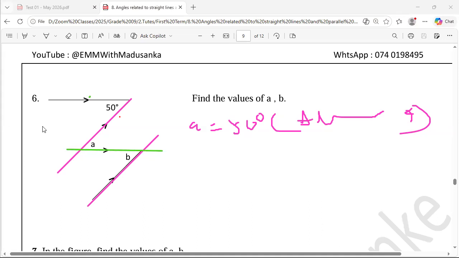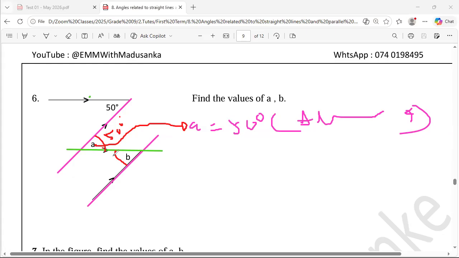Then what can you say about this angle and this angle? Previously, we found that A is equal to 50. So, if this is 50, this acts as a Z type of angle.